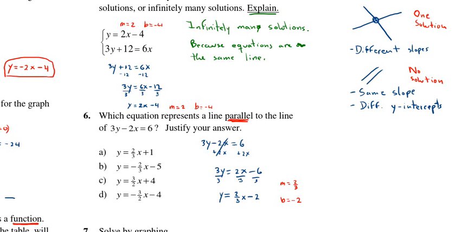Now we want parallel lines. It should have the same slope that we have here and a different y-intercept than this one. So we look into our equations, same slope, 2 over 3. We have negative 3 over 2, 3 over 2, negative 2 over 3, 2 over 3. That's the same slope. And you can also see here that the y-intercept is different than negative 2 here. So this is our line that will be parallel to this one.